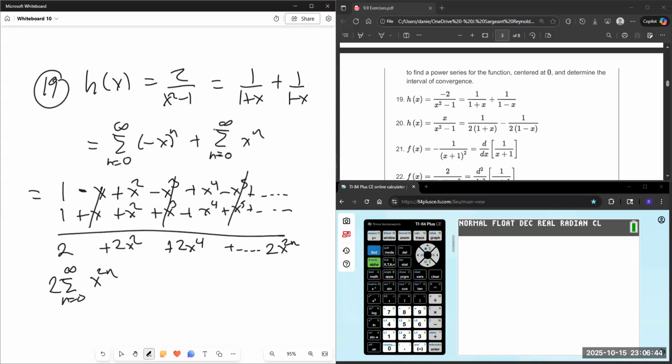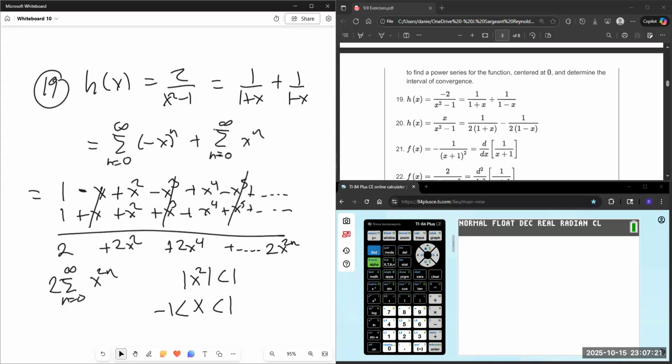And that means that the absolute value of x squared has to be less than 1. So x squared is going to have to be between 0 and 1, but x is going to have to be between negative 1 and 1.